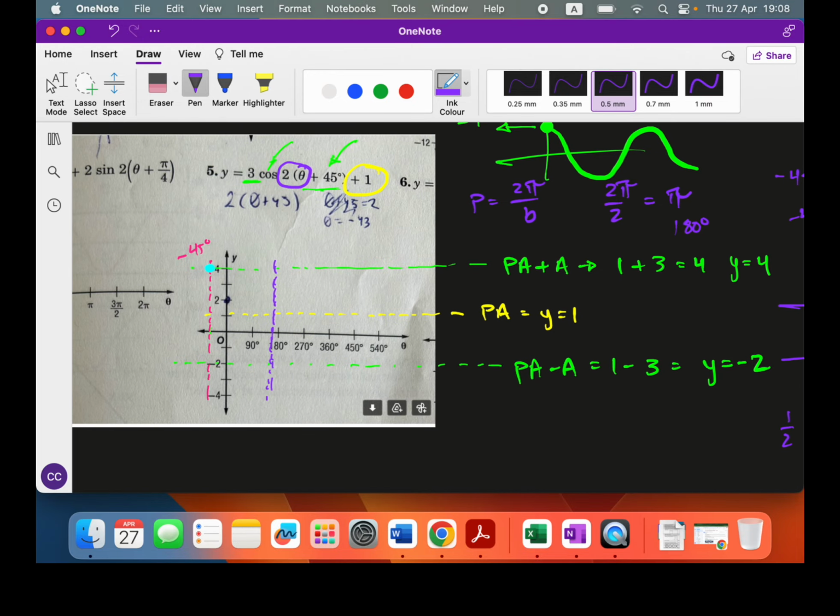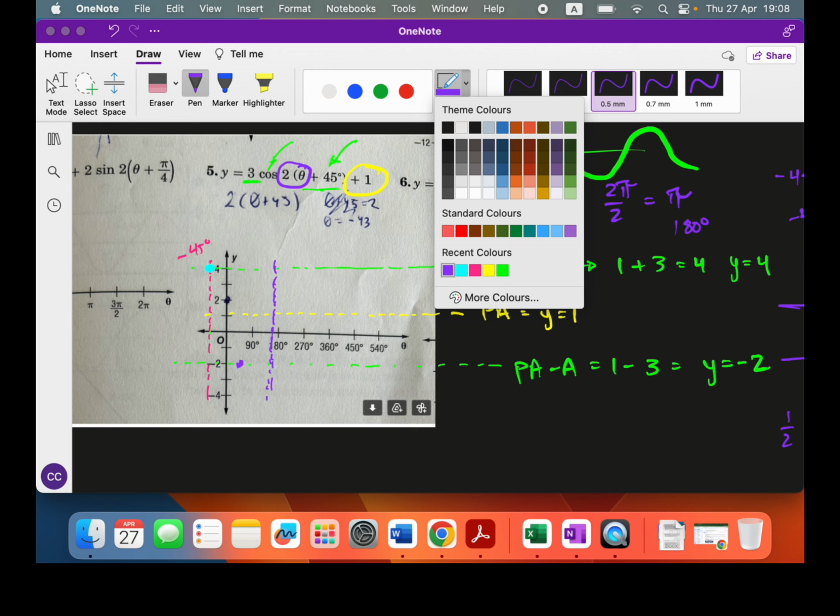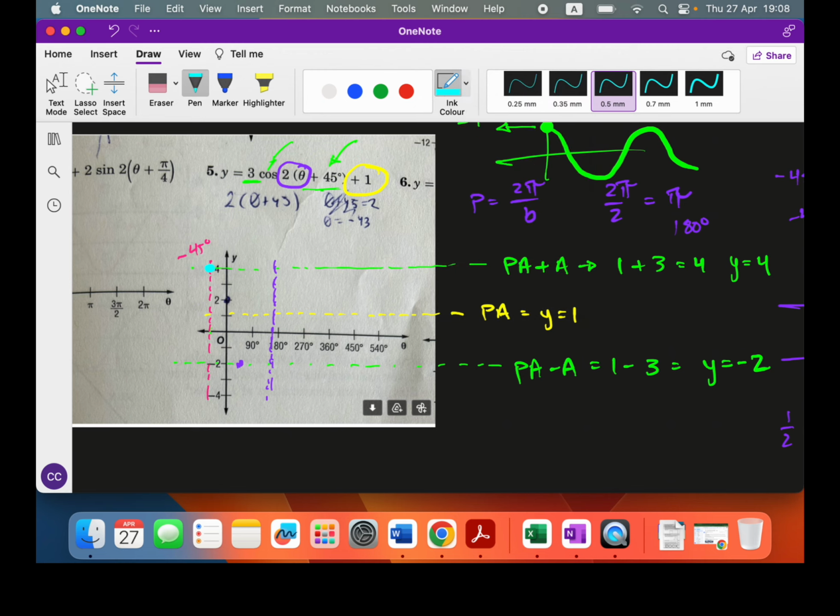So I'm going to draw my minimum in at about 45 degrees. And what I know now, just from those values, what I want from a sketch of this is it's going to come down, it's going to hit that minimum, and it's going to be right back up there. And then it would keep going on. But those are the key factors that we need from this.